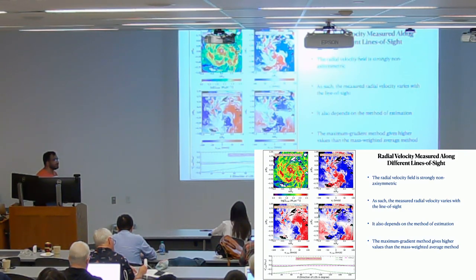The other thing that we can do is something similar to what Reinhardt does. We can measure the maximum gradient. In a given direction, we can look for the maximum on both sides. For a given projection, we pick a line, we take the maximum on this side, the maximum on that side, and we average them.